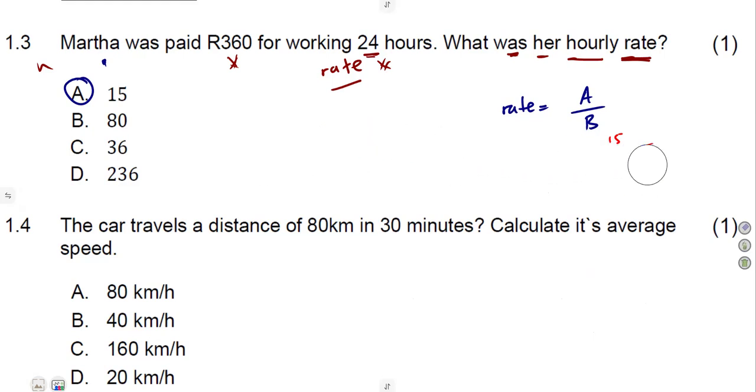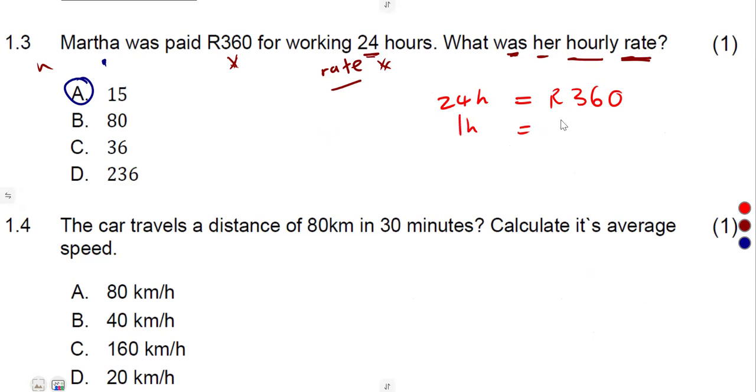Or remember that rate also can be calculated as a ratio. All right, 24 hours in our case. 24 hours, she's being paid 360 rand. What about an hour? You can answer that way. This is going to be less compared to 24 hours.